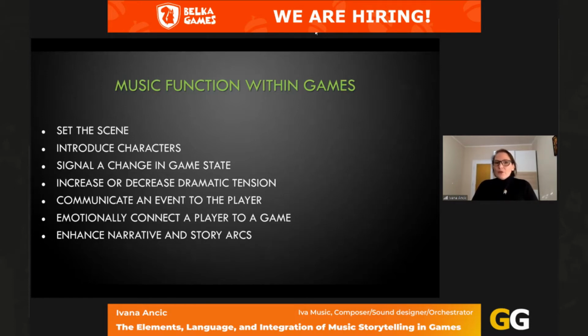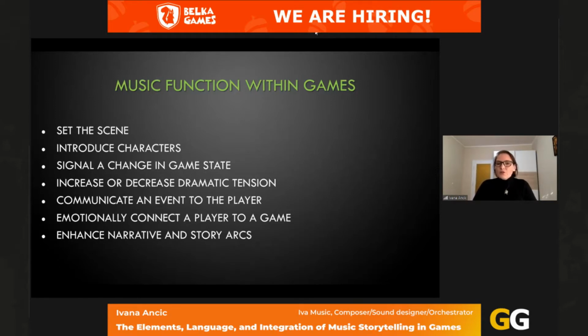Next role is to introduce characters, and for that we use iconic music themes to connect them to each character. We have examples in many games. One of the most famous is, for example, The Legend of Zelda with its iconic themes. Next role is to signal a change in game state.